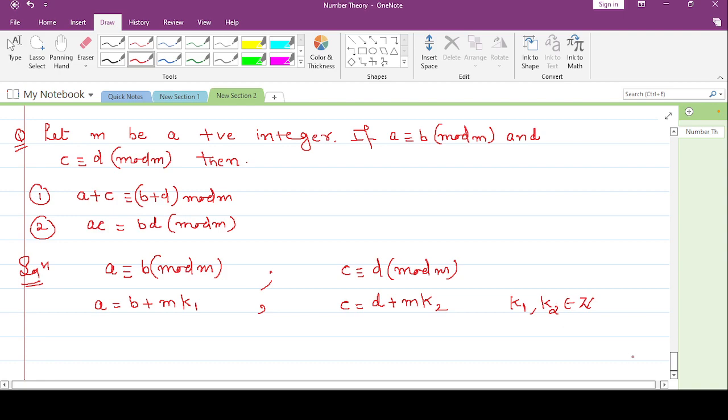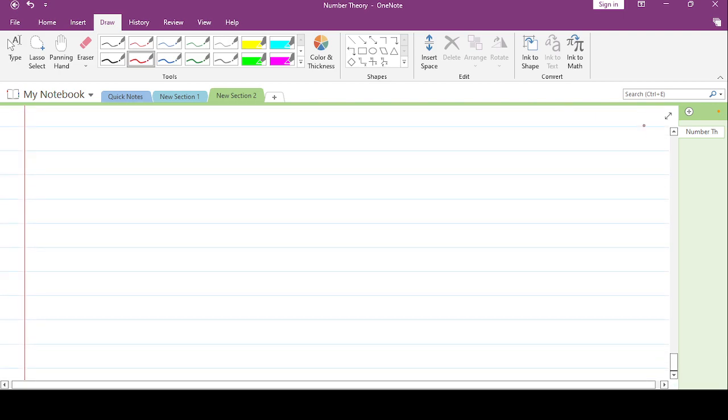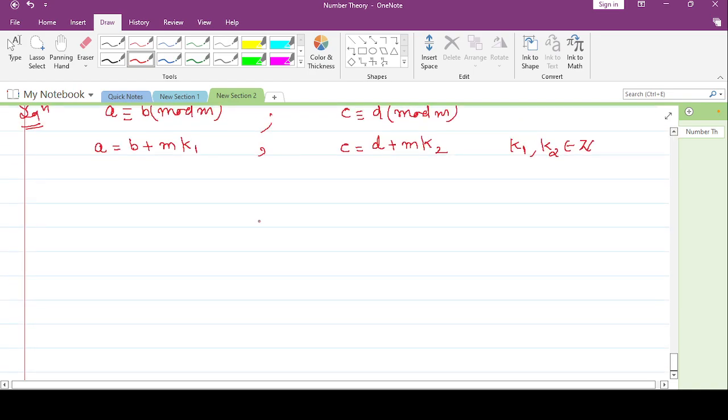Now we add both these equations, adding 1 and 2. Okay, so what do you get? You get a plus c equal to b plus mk1 plus d plus mk2.